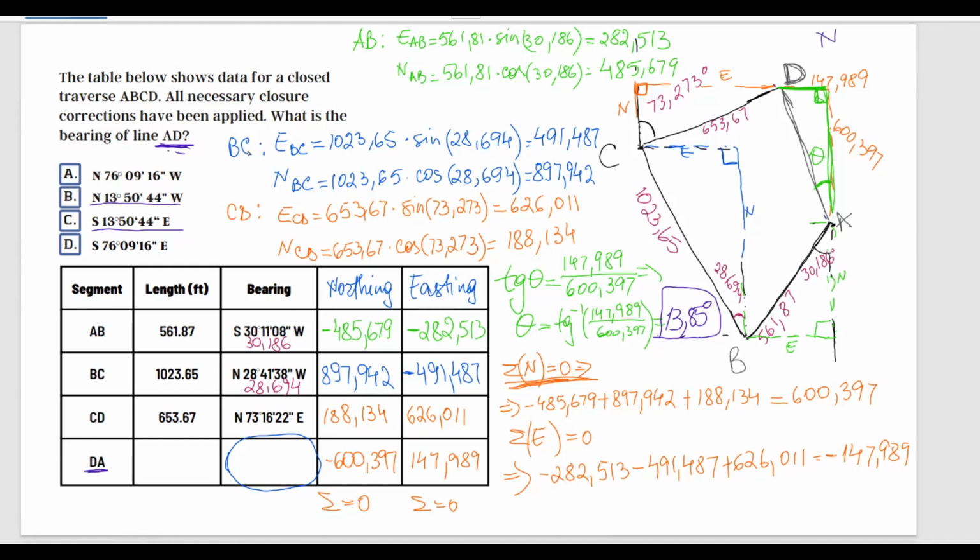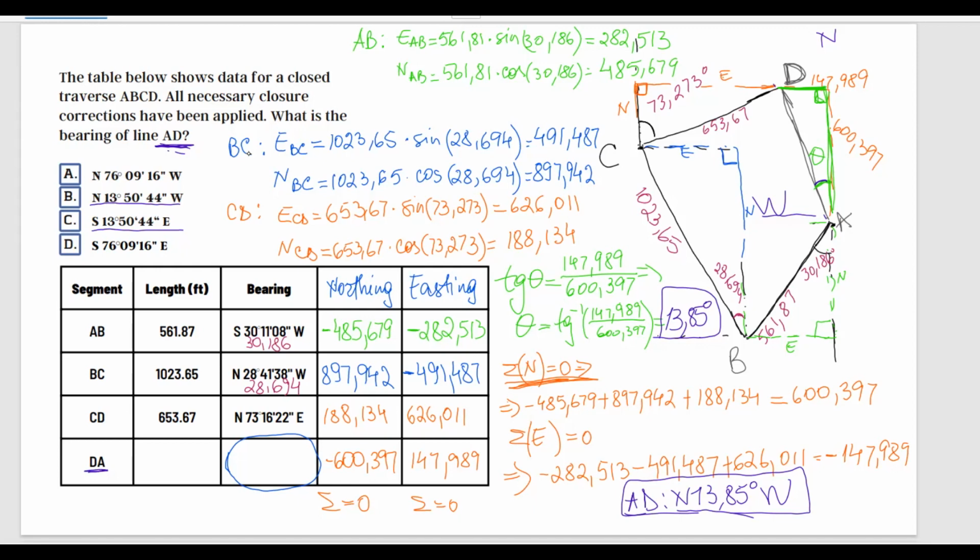And going west. Northwest, this angle 13.85. North, 13.85 west. So the bearing of line AD is going to be north 13.85 degrees west. So this is my final answer.